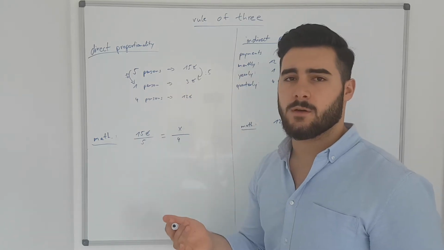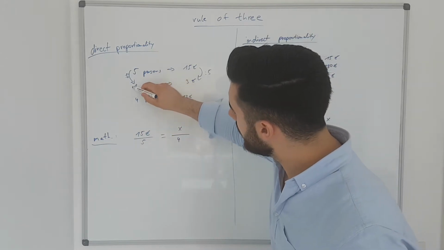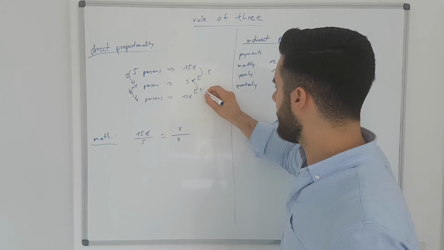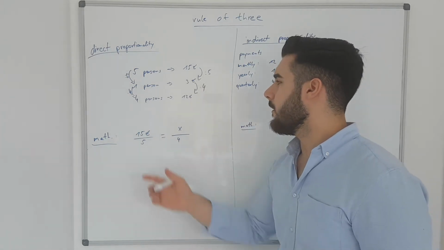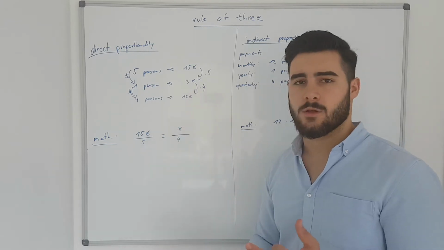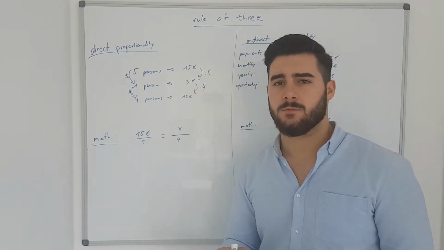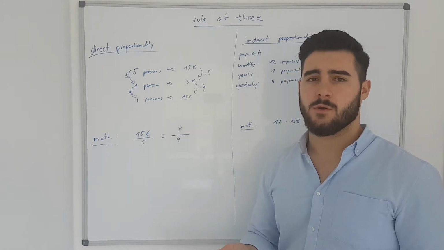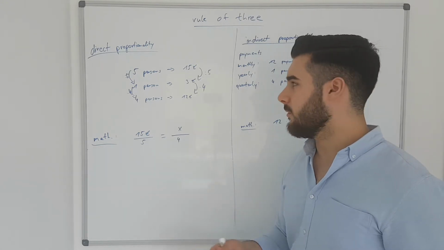And now you want to find out how much you pay for 4 persons, so you multiply the whole thing with 4. And you get that you will pay 12 euros for 4 persons. So that means in the direct comparison, this one is the one that's more expensive, that you wouldn't choose if you would decide only on price.